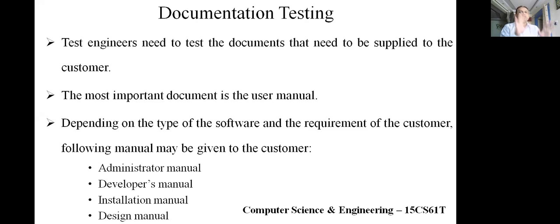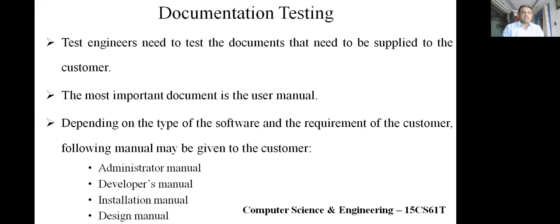Without testing, you cannot supply these documents to anybody, because every document is very, very important. The document is nothing but how to use the particular software. By going through those manuals, the user can start using the software. The most important document is the user manual.